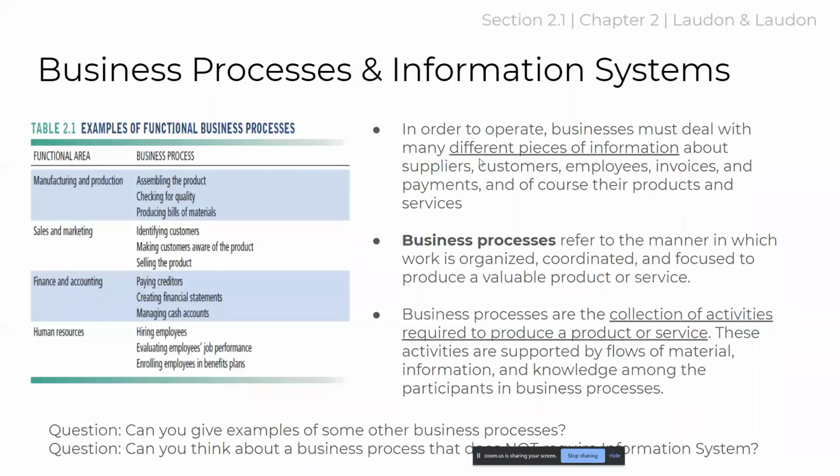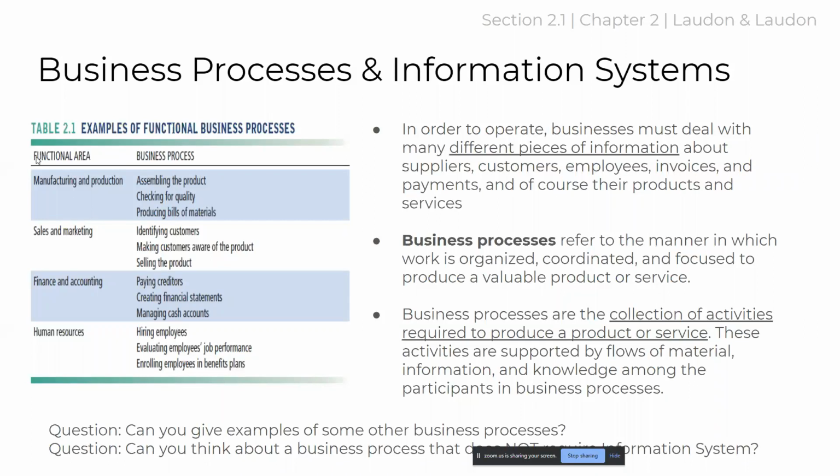Just like we saw in UPS: supplier information, customer information, employee information, invoices, payments, products and services, etc. And what is a business process? It refers to the approach or the activities in which work is organized and coordinated to achieve an end goal.